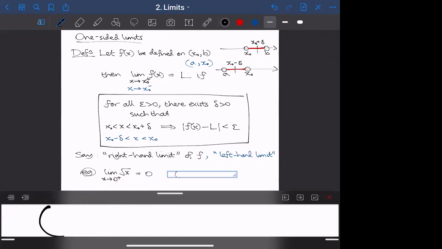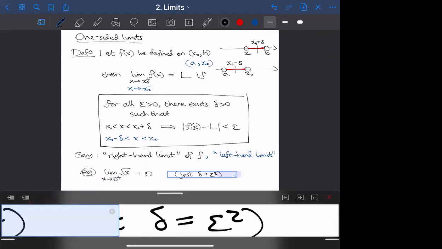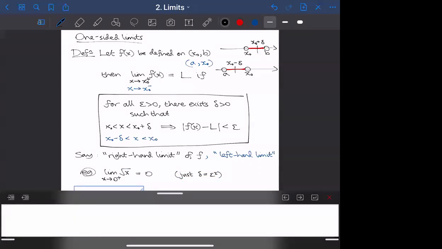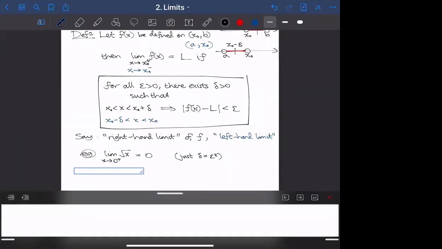So how to prove that? Well, for each epsilon, I just take delta equals epsilon squared.